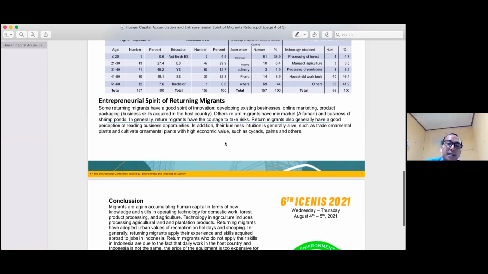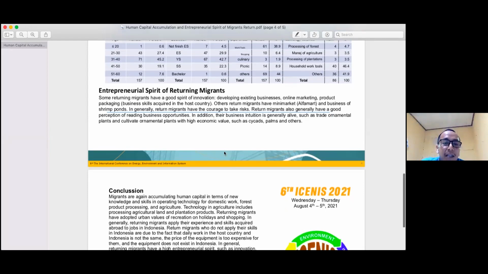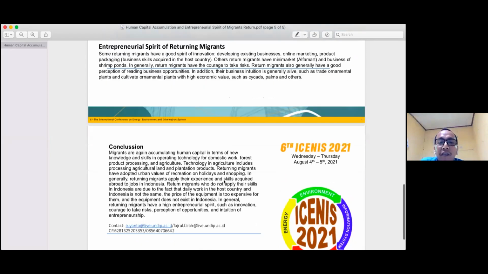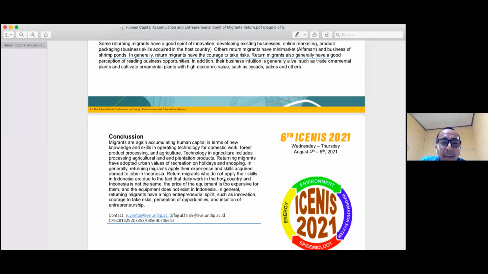So, in conclusion, migrants are accumulating human capital in terms of new knowledge and skills in operating technology for domestic work.